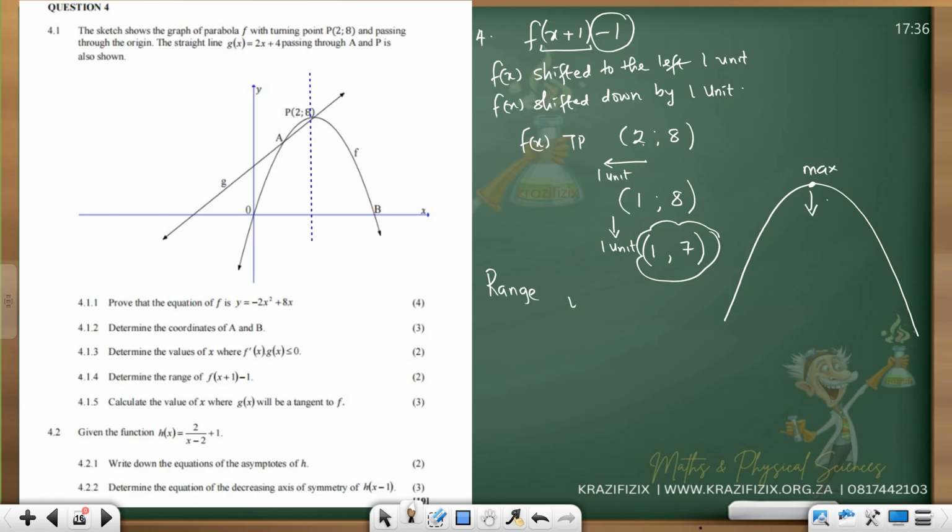So we're looking down. Y is less than or equal to 7, because your range is y is less than or equal to yTP. Are we good?